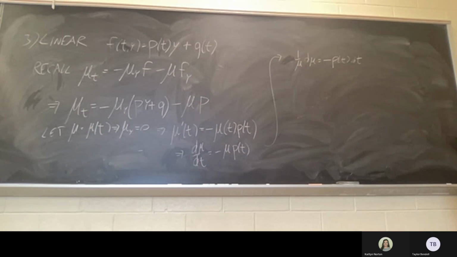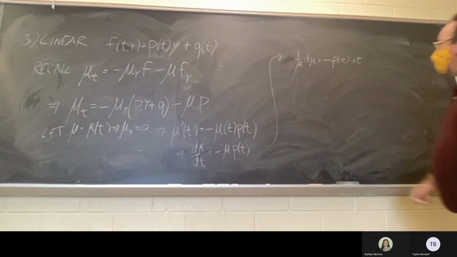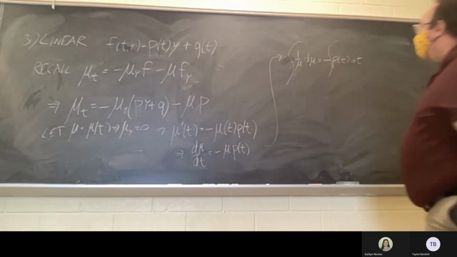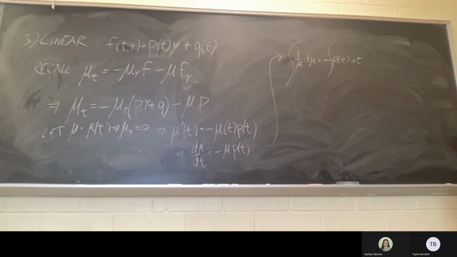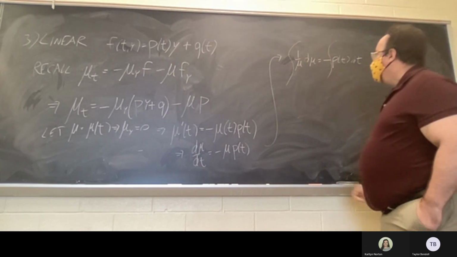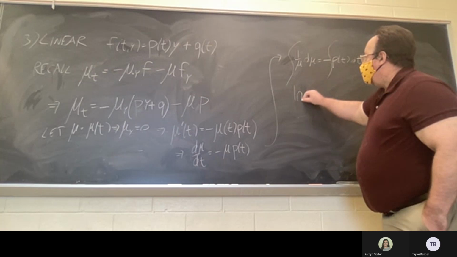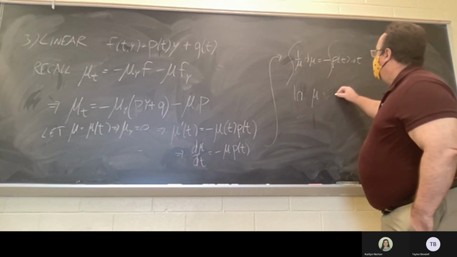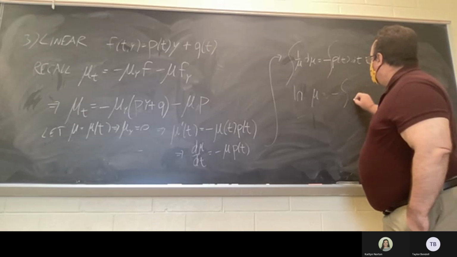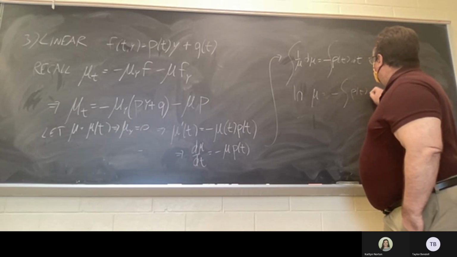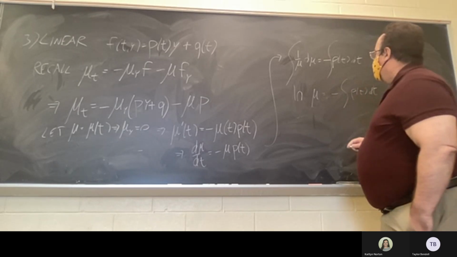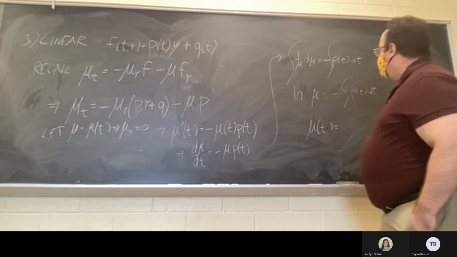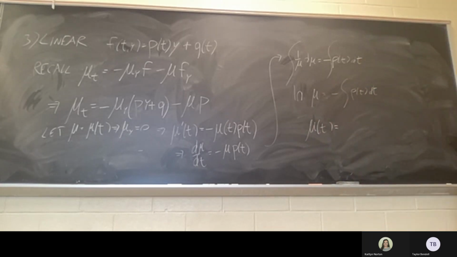Then I can go ahead and integrate both sides. So now we have the natural log of mu is equal to this integral. So then mu of t is equal to what?